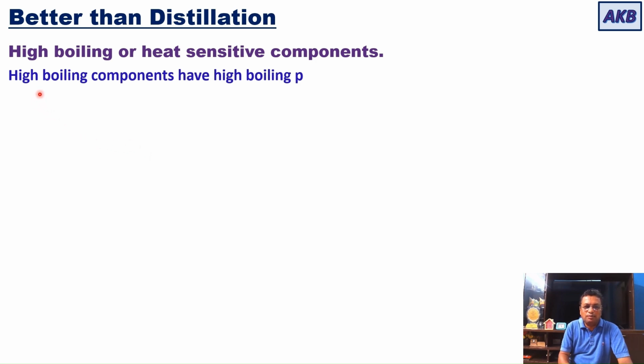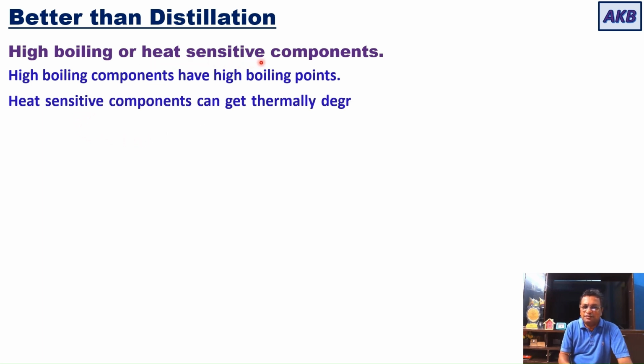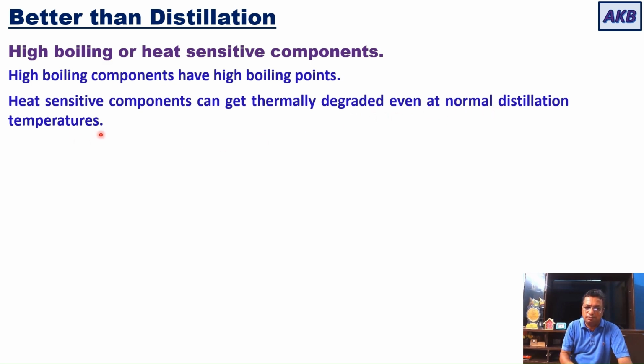Now, what are these high boiling components? High boiling components, they have high boiling points. That's why we are calling them high boiling components. And as far as heat sensitive components are concerned, they can get thermally degraded even at normal distillation temperatures.